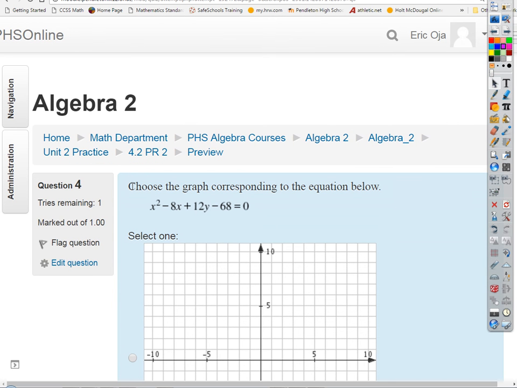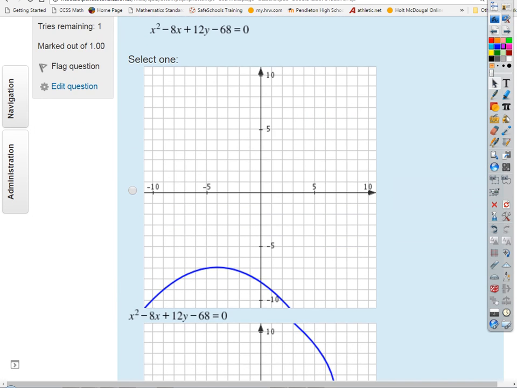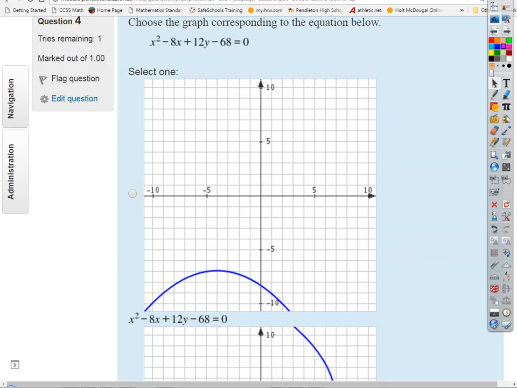it's easy to find those values. What about something like this, though? This is a little harder because this time it's not written in standard form. So what do we have to do? Put it in standard form. Yeah, we got to put it in standard form so we can see what H and K and P are, right? Okay, so let's go through that process. What's the variable that's being squared? X is being squared.